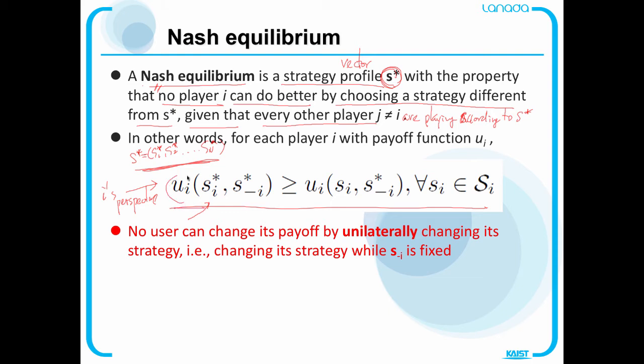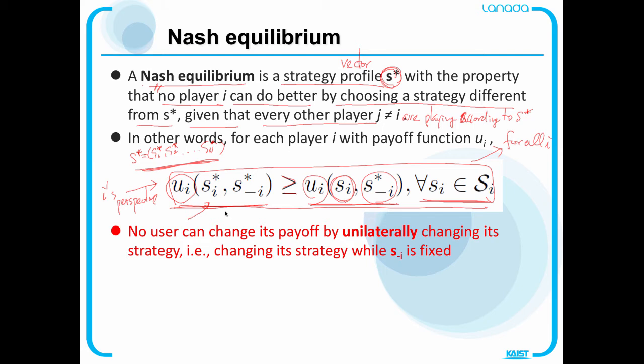So I compute the ith payoff at the Nash equilibrium, and that should be larger than this payoff, where I fix the strategies of the other players except for i, and I change my strategy over all strategy choices. This payoff value is larger than in this case, and this equation should be satisfied for all i. That's the definition.